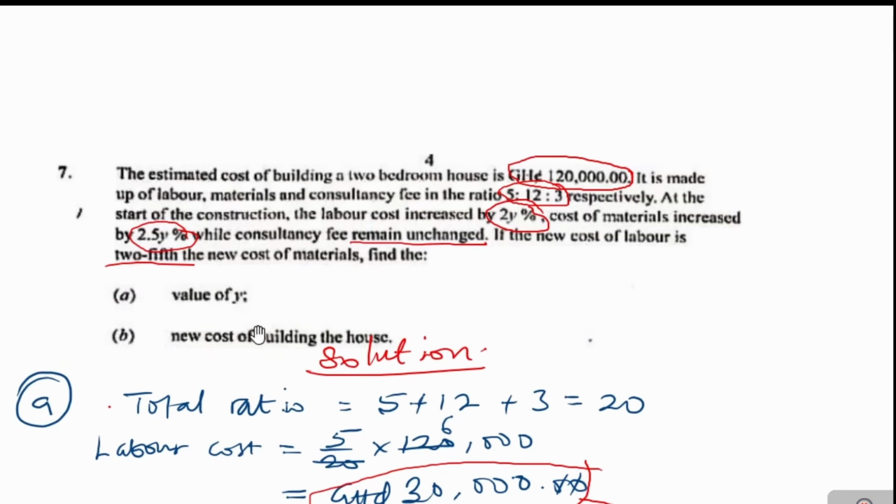Then we go to the B part of the question, which is the new cost of building the house. So the new cost of building the house is going to be the new cost of labor plus the new cost of material plus the cost of consultancy, which has remained constant over the period.